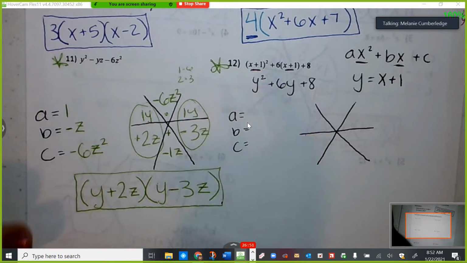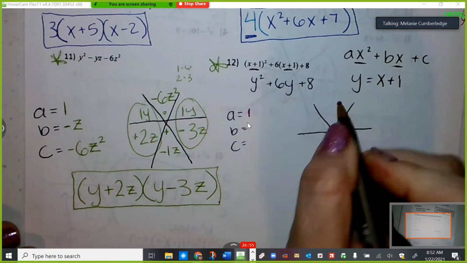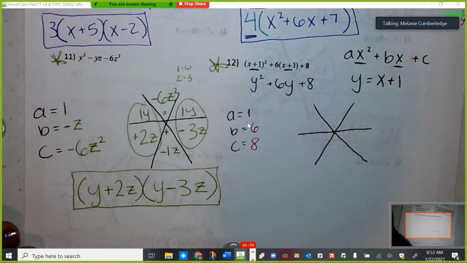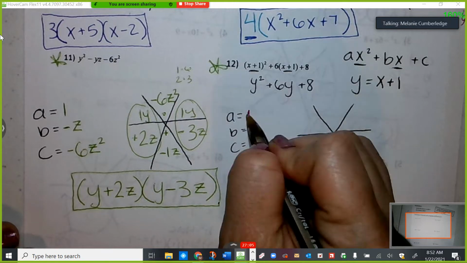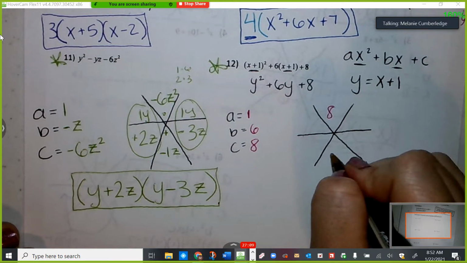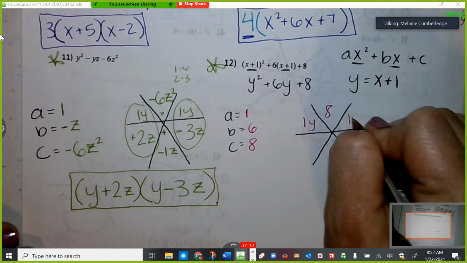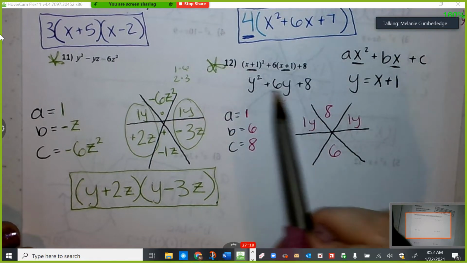Okay, so my A is 1, my B is 6, and my C is 8. A times C is 8, B for the bottom is 6, AY, because y is my letter I'm factoring, not x.